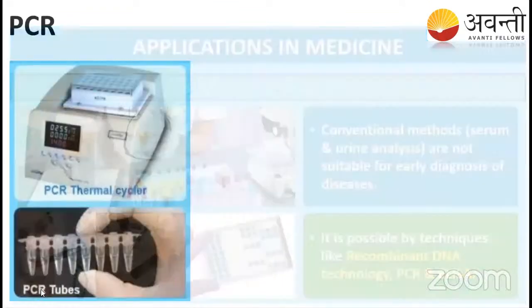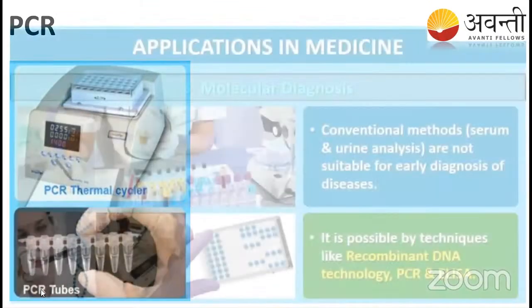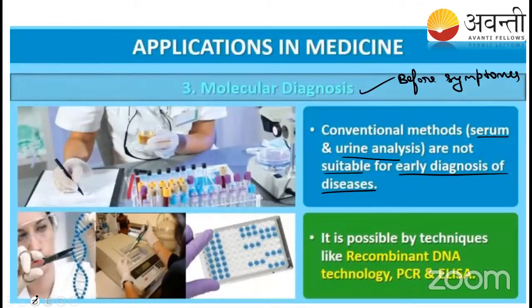Students, can you tell me where we do the ELISA test? Here you can see which molecular diagnosis methods we will do. Do you remember PCR? Obviously you remember PCR, right? Do you remember RT-PCR?